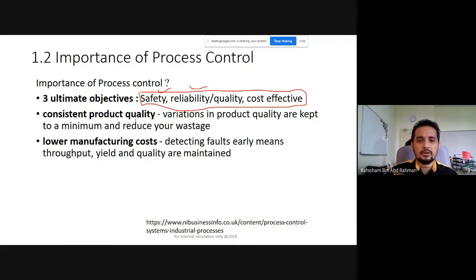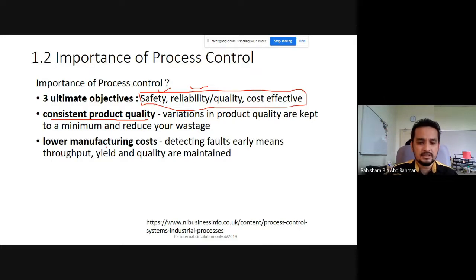We want to go for product quality, consistent product quality. How are we going to maintain it? Of course, if we use a manual approach by human beings, there must be a very big gap or discrepancy between one and another. But if you go for a measurement device, equipment, sensors, things like that, then the variations in the final product can be reduced or minimized.